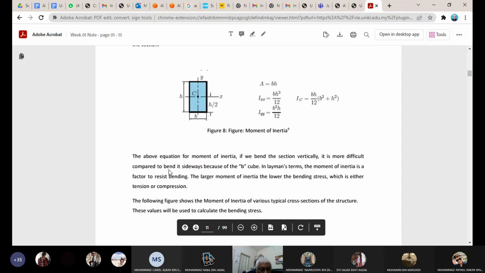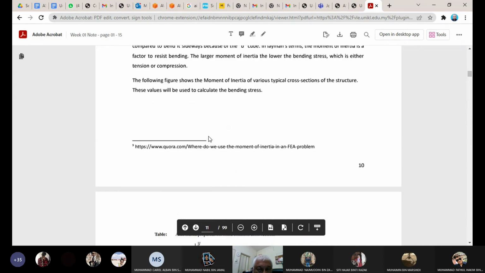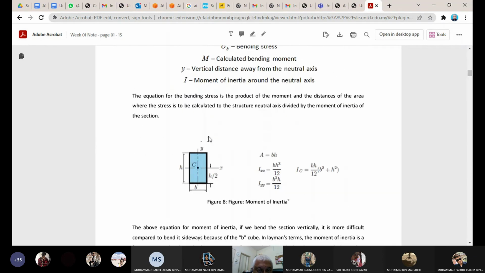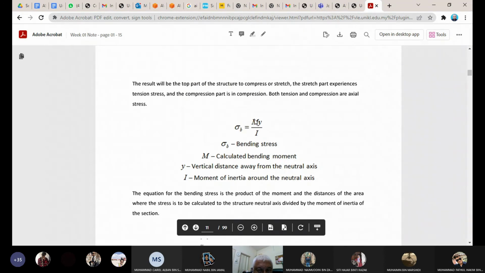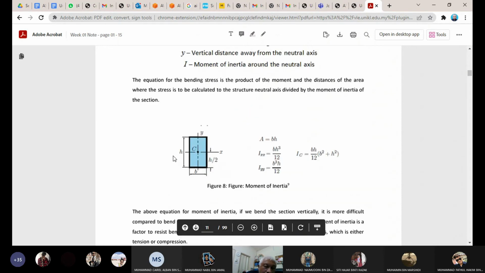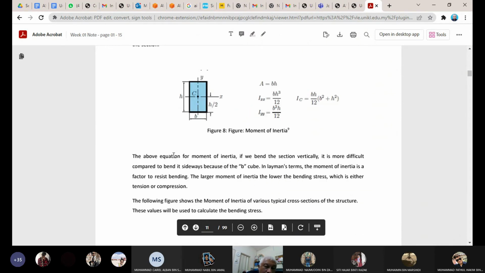It depends on the situation, whether B is more of the base. Remember here, bh cubed. I do not want to go into the detail of this, but that's how the bending stress depends on the moment. The moment becomes bigger if the distance from the force is bigger, and also the distance to the neutral axis, and then you divide by the moment of inertia. That is how we develop the equation for bending stress.